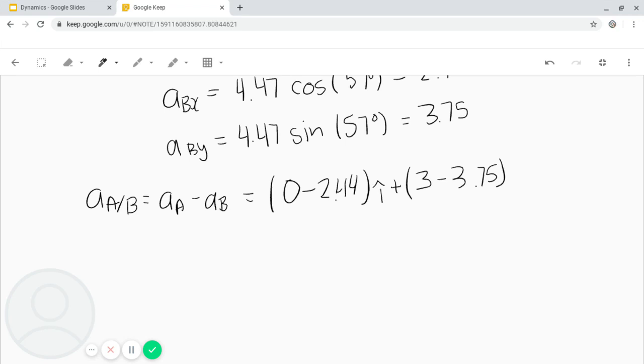So then acceleration of A relative to B would be negative 2.44i minus 0.75j.